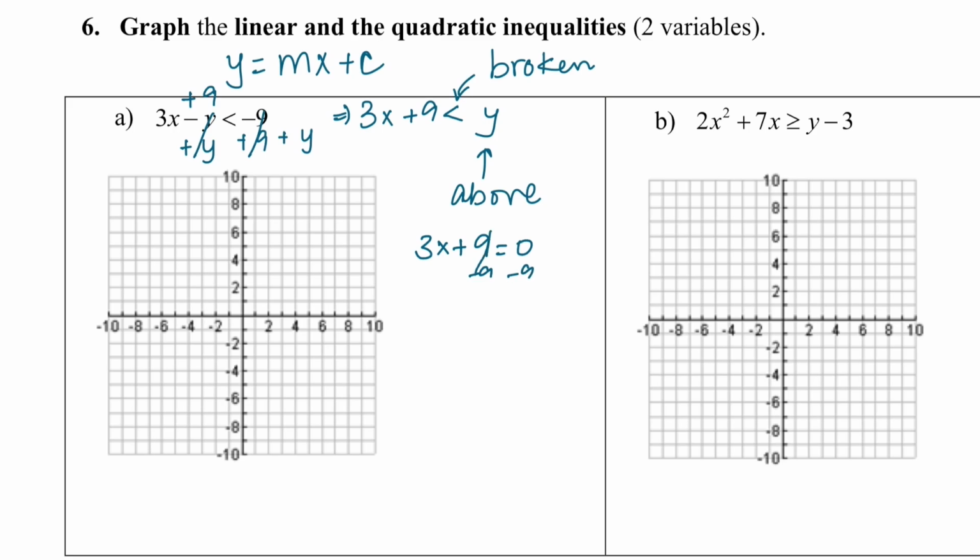Subtract 9 on both sides, you get 3x is equal to minus 9, and then divide by 3 on both sides, you get x is equal to negative 3. So your x value is negative 3. And for the y-intercept, you already know your y-intercept because that's your c value, so that's 9.